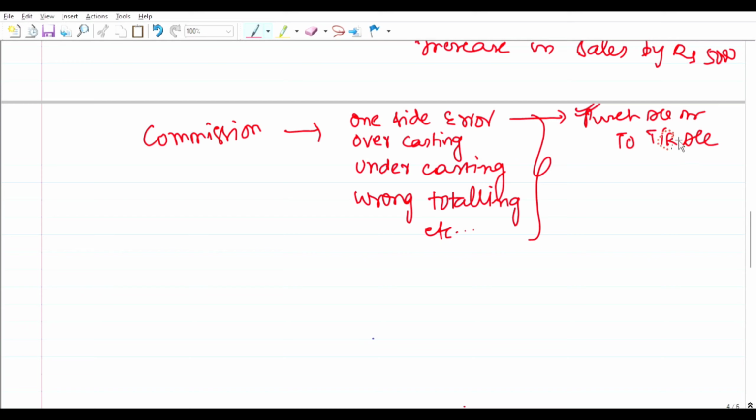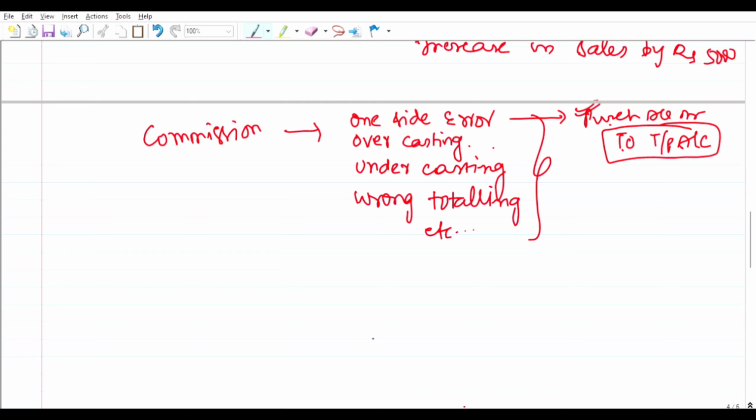We are going to purchase from creditors, which are nothing but trade payables now. So increasing the purchases is nothing but one side error. If both are increased, then there is no error. If only trade payables are increased, that means creditors are increased, without increasing the purchases, there is also one side error. Overcasting is nothing but increasing one side of an account by some value.